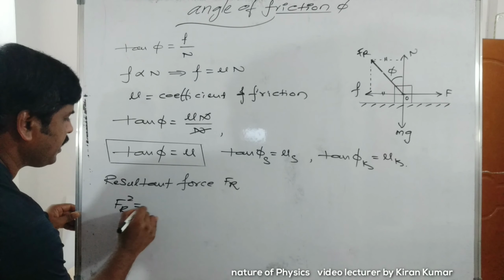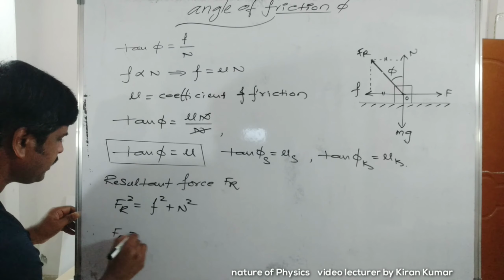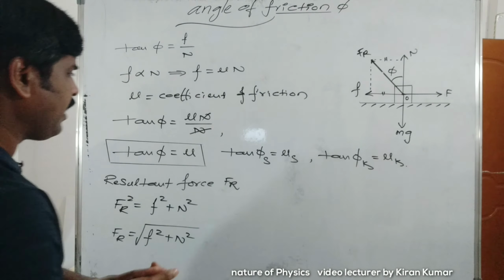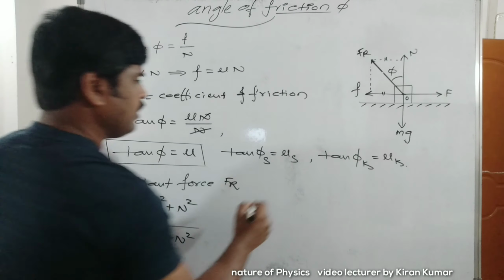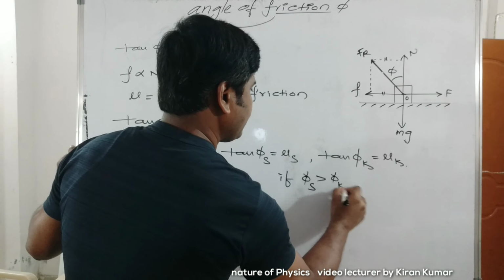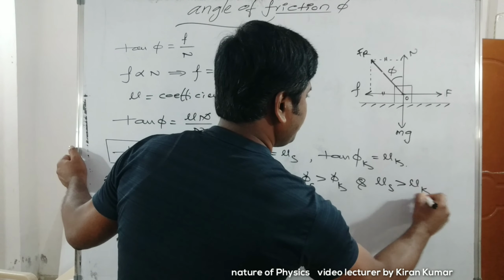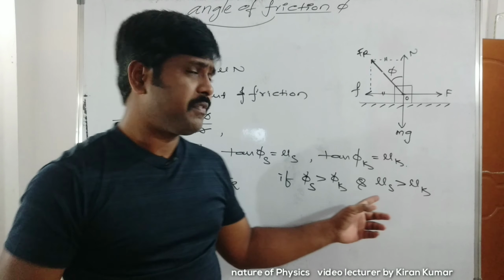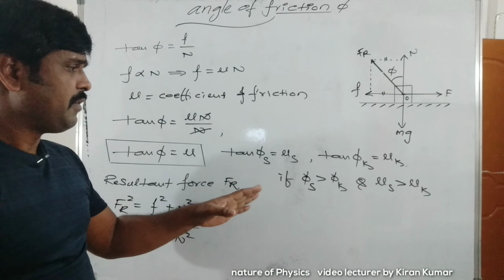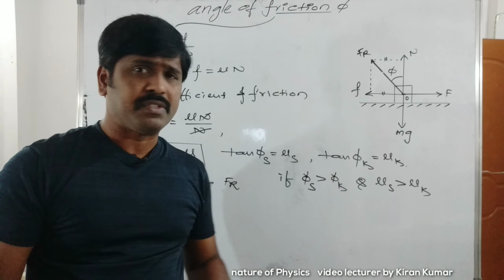Fr square is equal to f square plus N square, so Fr is equal to root over f square plus N square. And here we can take the conditions: phi s is greater than phi k and mu s is greater than mu k. So the coefficient of static friction is greater than the coefficient of kinetic friction, and the angle of friction for static friction is greater than the angle of friction for kinetic friction.